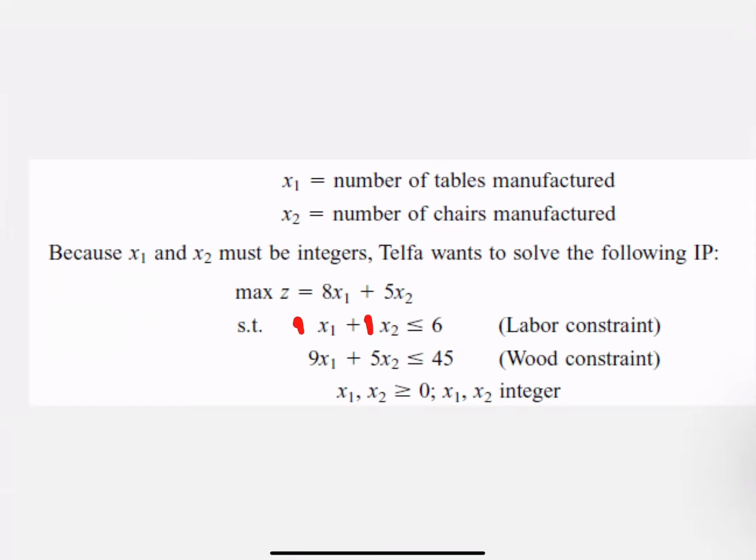And then each table takes 9 units of wood, each chair takes 5 units of wood, and you have 45 units available. And then you make $8 or 8 units of money per table sold and 5 per chair sold.